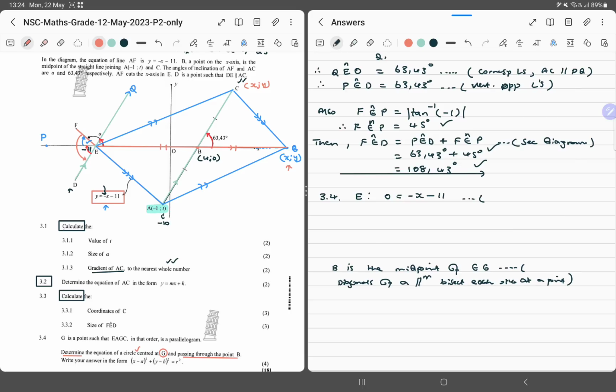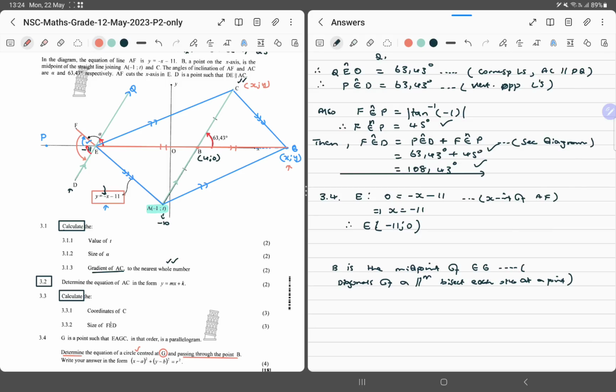This is the x-intercept of AF. So therefore, this implies that x is going to be equal to minus 11. Therefore E is the point (-11, 0). So that had to come out.